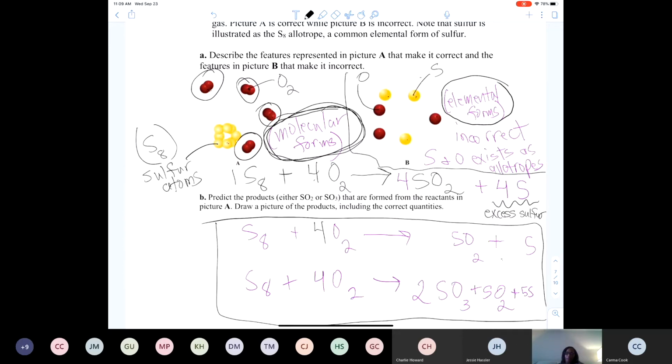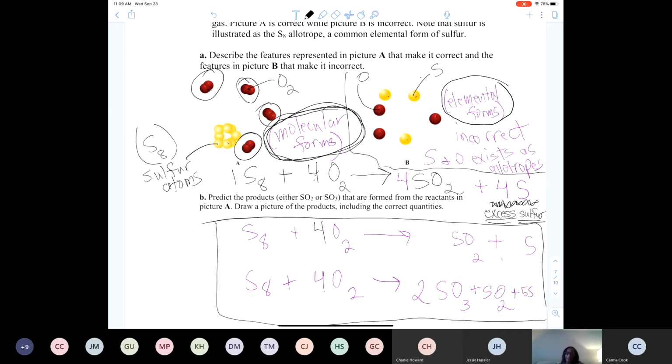Then when we form the SO2, if we have 8 oxygens on the left, to have 8 on the right we put a 4 in front of SO2. But that just gives us 4 sulfurs on the right. So there's an additional 4 sulfurs that will be our additional product. And so this would be the excess sulfur that didn't react with the oxygens.